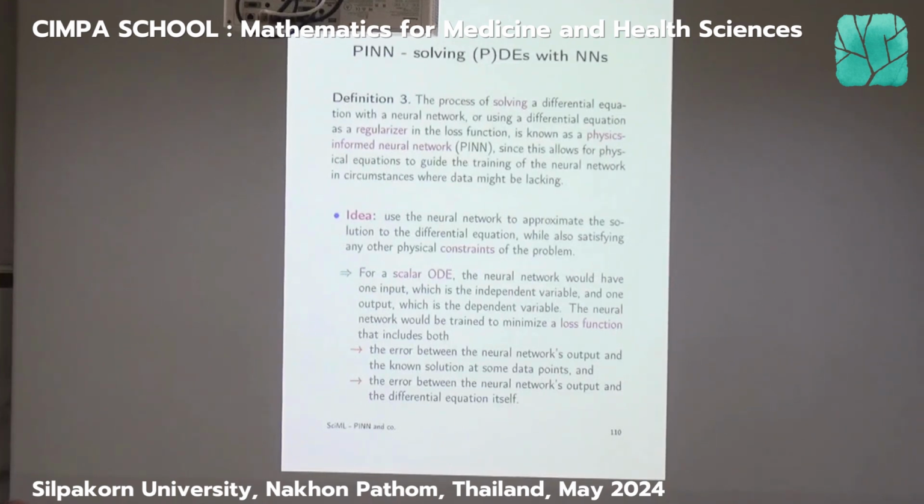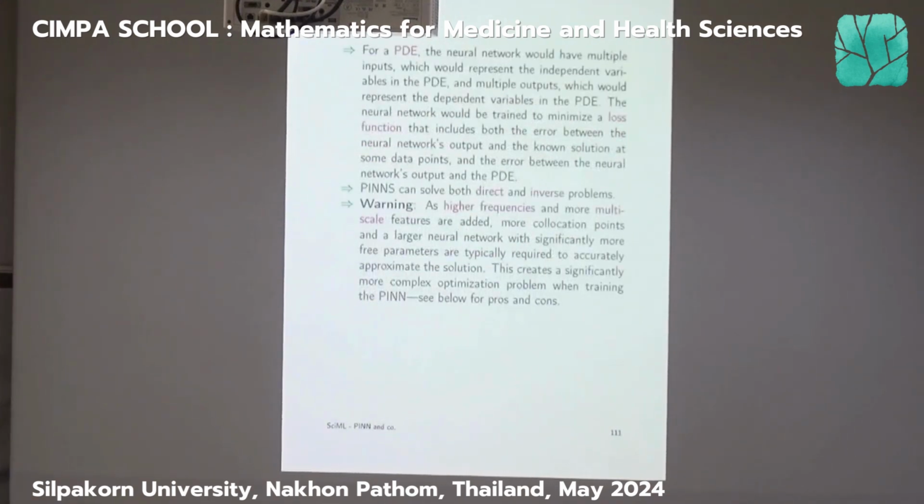It's just changing the independent variables. I told you that x1 can be the temperature, x2 can be the pressure. You can vary things and you can get the solution instantaneously. So that's the idea. And as I said, it's the sum of two errors: data error and differential equation error. So how do we do it? I'll show you and we can see.